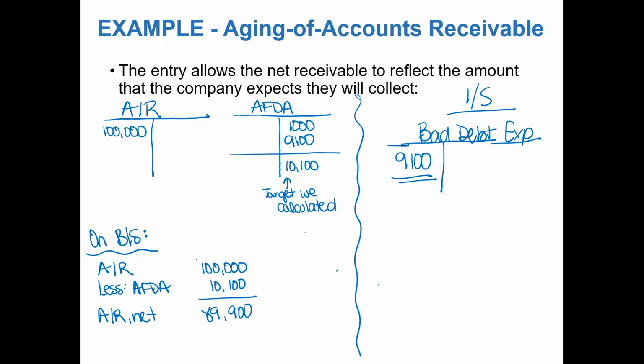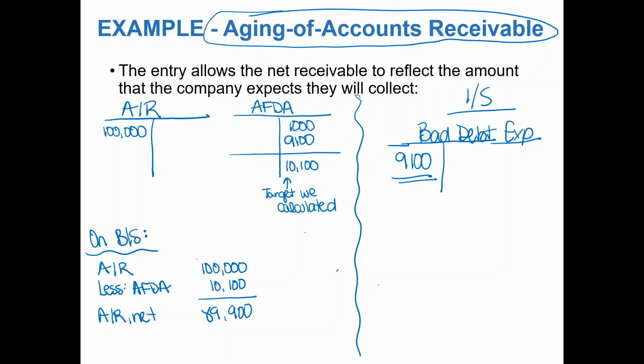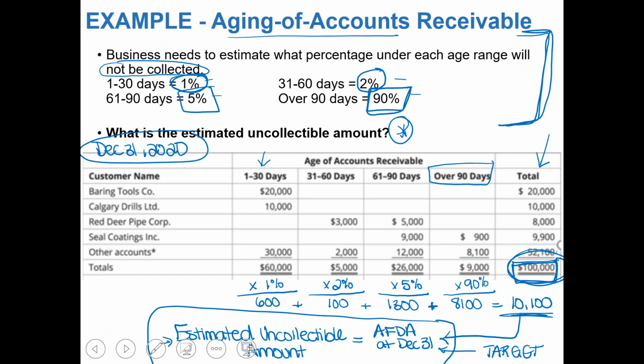So that's also something to be careful of when you're doing the aging of AR method. You could be given this information that you see here: the aging schedule and the percentages that are estimated. And then the question might ask you, what is the bad debt expense? So you do this full calculation. That's your first step.